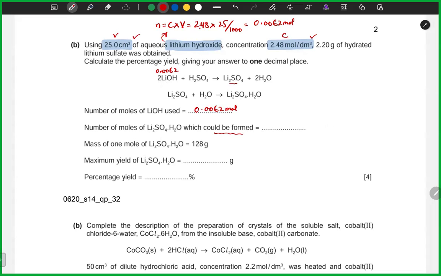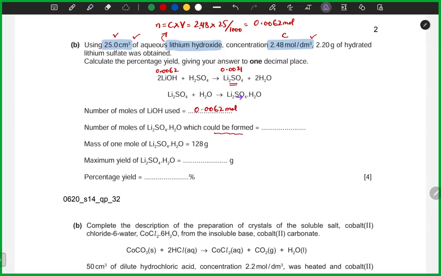So the lithium sulfate that's going to be formed, this is 2:1, so lithium sulfate would be half of this. So this is going to be 0.0031 moles, right?